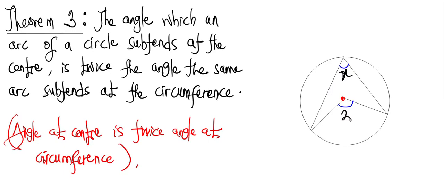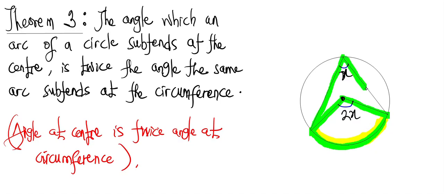Then the angle at center is 2x. The angle subtended by this arc at the center, the same arc subtends an angle at the circumference.